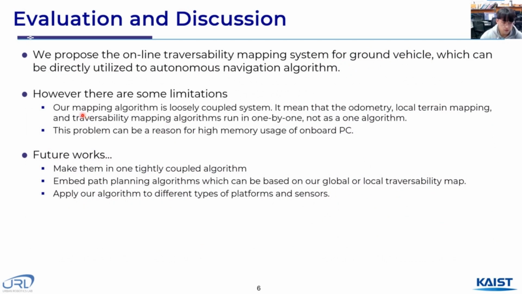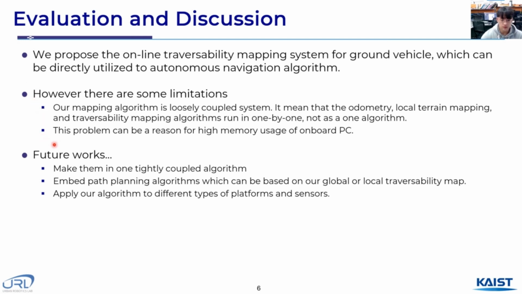So we propose the online traversability mapping system for ground vehicles, which can be directly utilized for the autonomous navigation algorithm. But there are some limitations in our algorithm.